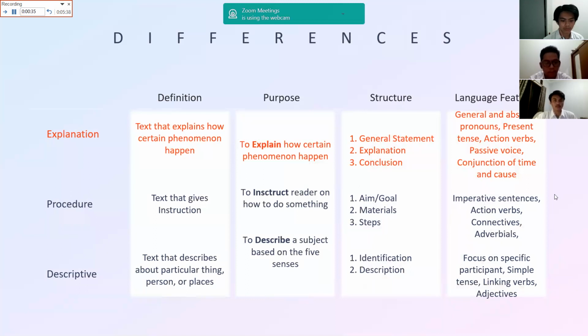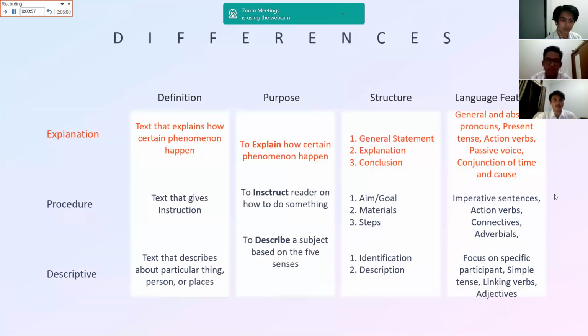And the purpose of explanation text is to explain how the certain phenomenon or events happen. The procedure text is to instruct the reader on how to do something. And the descriptive text is the text that is to describe a subject. Okay, now the structure.